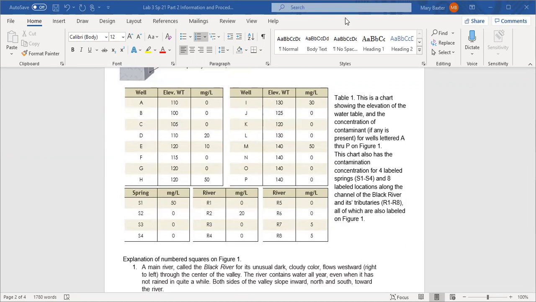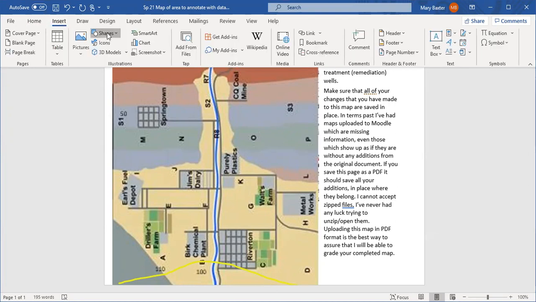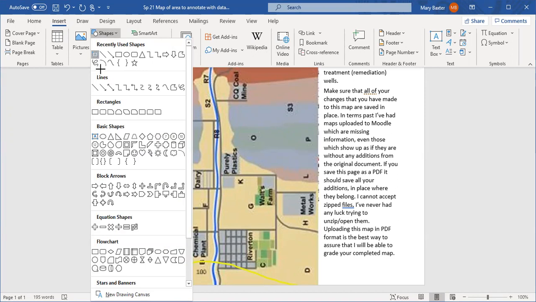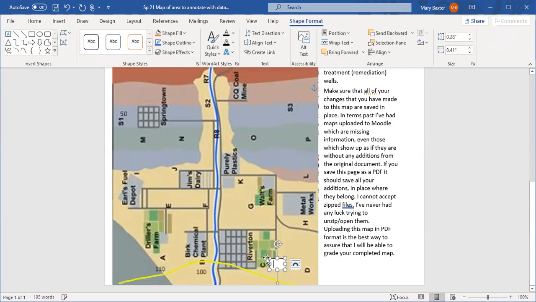Okay, so if we go back to the map then, I'll show you what I mean by a text box. This is one way you can do it. I did it a long time ago and then saved it with those numbers already embedded for A and B. For C, if I go insert, shape, text box, C, 105.